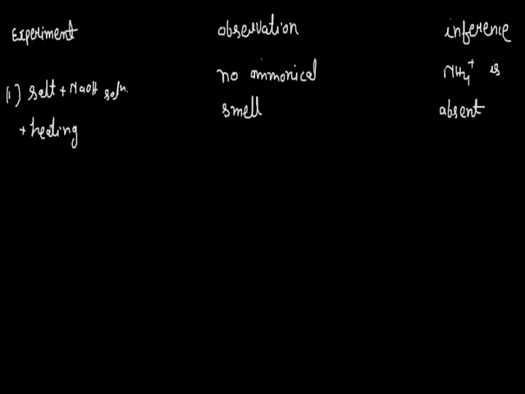If the ammonium radical is absent in our salt, then we take another test tube, again take a small amount of salt, and add dilute HCl to the salt. The observation is that a white PPT comes out.